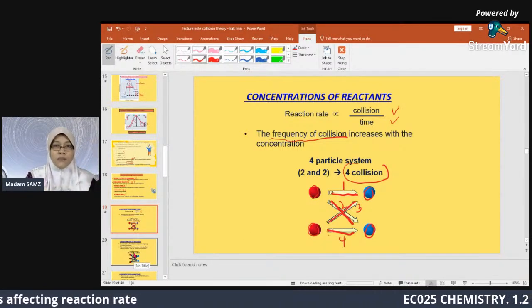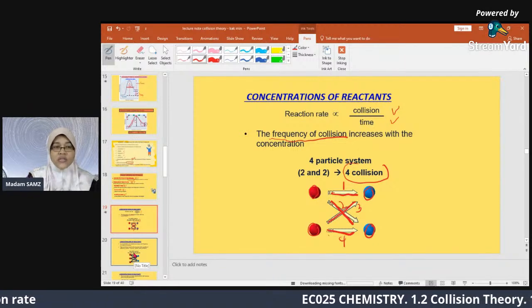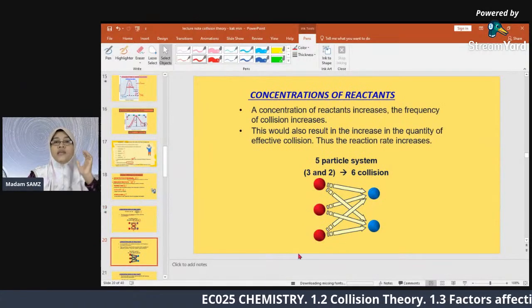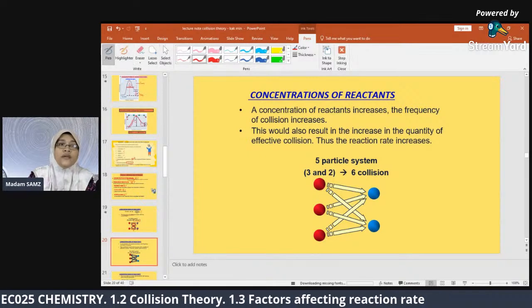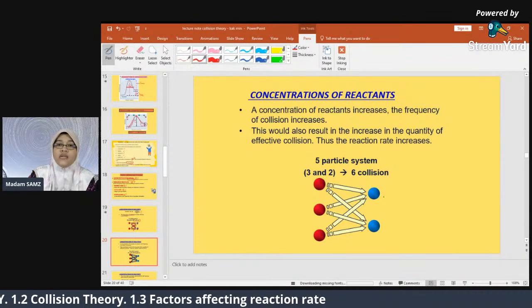Now we add more concentrated A. Here we have 3 moles of A, and we keep B at 2 moles. More moles means more concentrated.